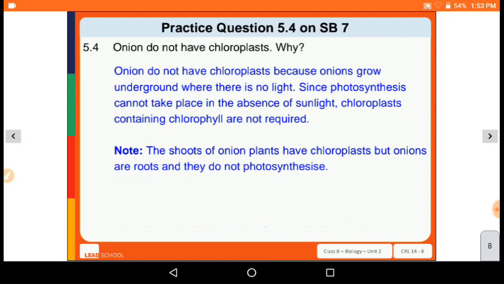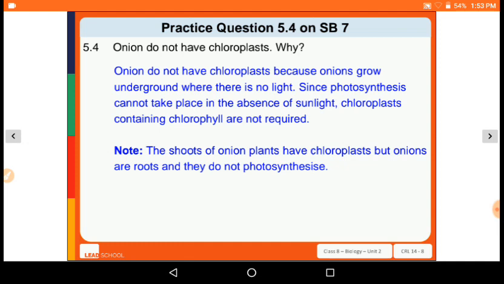Then the next question is: onion does not have chloroplast. Why? Because onion grows underground where there is no light, since photosynthesis cannot take place in the absence of light.